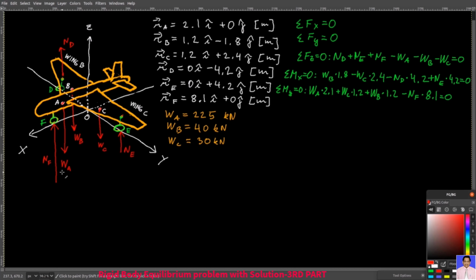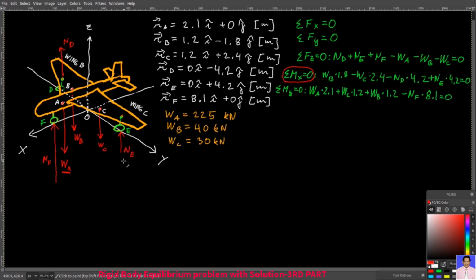Note that this force here, WA, does not produce moments about the x direction because there is no moment arm from that axis. That's why in this equation you don't see WA here.